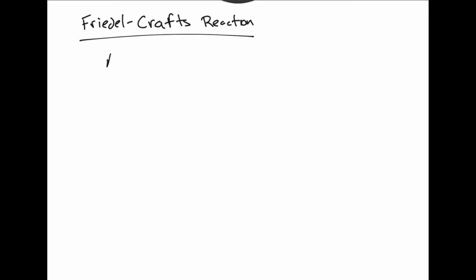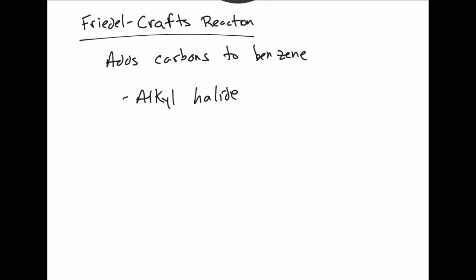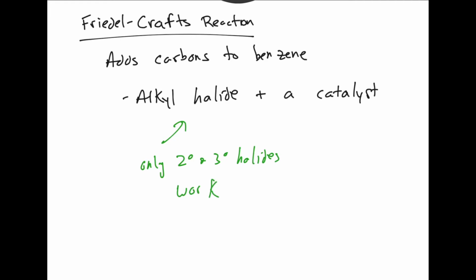So what you need here is an alkyl halide plus a catalyst to make this reaction work. Your alkyl halide needs to be either secondary or tertiary. Primaries don't work.